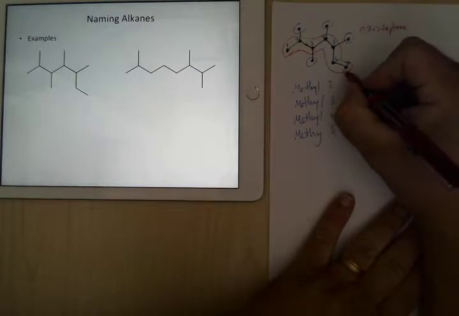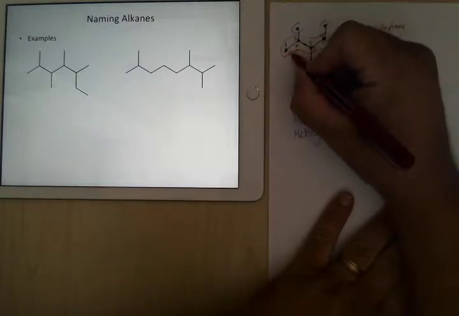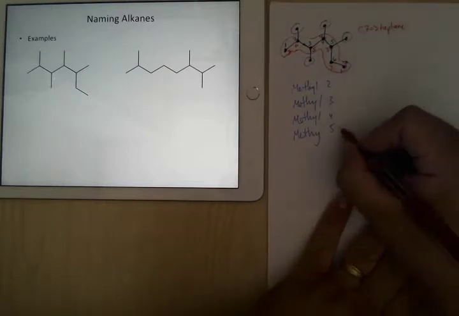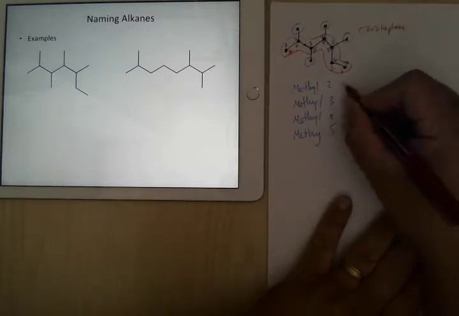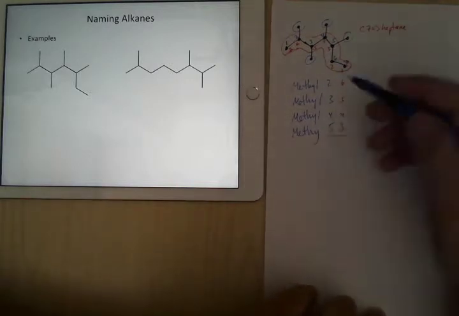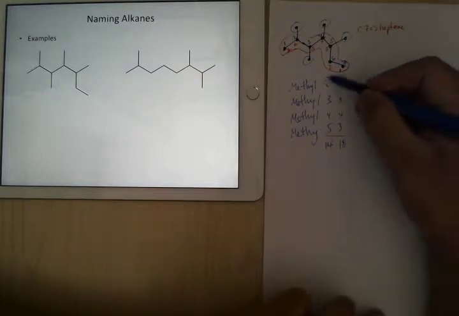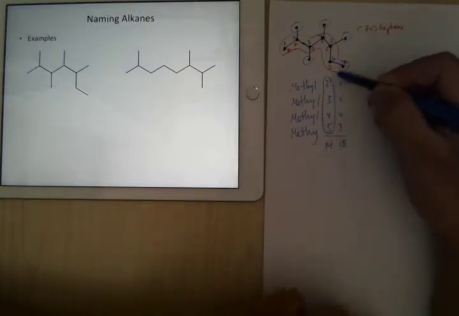If we start from this side, it'd be 1, 2, 3, 4, 5, 6, 7, so here it'd be 3, 4, 5, 6. We add them up: 5, 10, this is 14, and this is 18. So these are the numbers we're going to use.